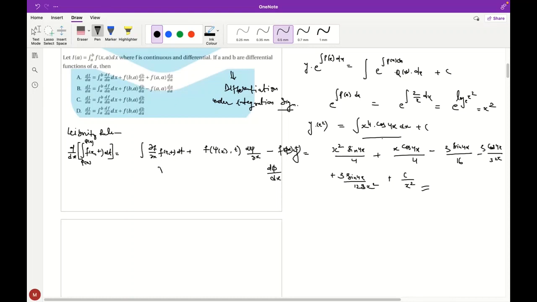We apply this rule in our question, we will get dI over d alpha equal to integration a to b df over d alpha dx plus f of b comma alpha db over d alpha minus f of a comma alpha da over d alpha. So B option is correct.